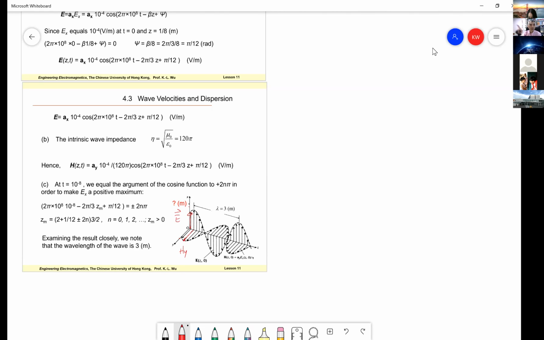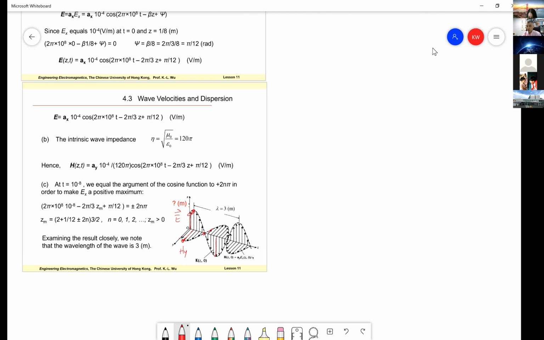However, they are always in phase. When the electrical field reaches maximum, the magnetic field reaches maximum. When the electrical field reaches zero, the magnetic field reaches zero. When the electrical field changes sign, the magnetic field changes sign.